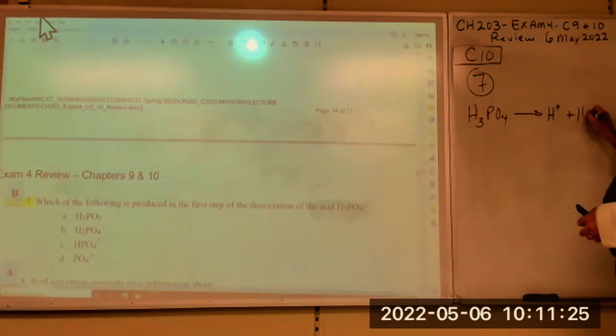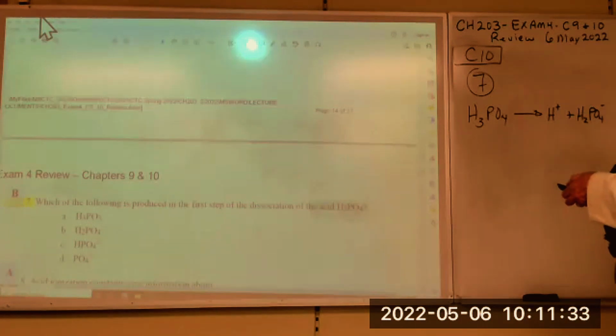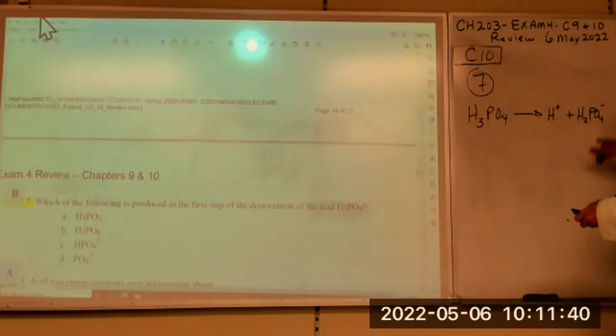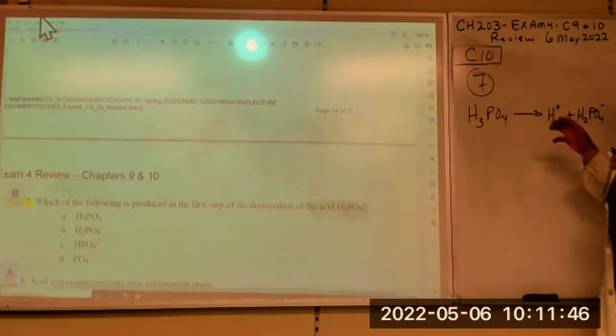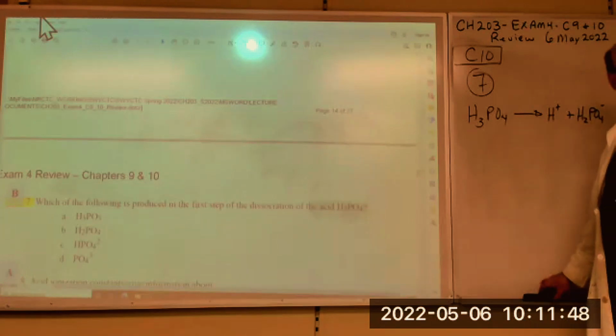What's left over? Two of those. Still that one, and a minus. All right, so let's see what we got here. Two of those, there it is right there. That's the first step. You can do it 2 more times. You can lose another one, you can lose the third one. And each one of those will have a separate equilibrium constant.